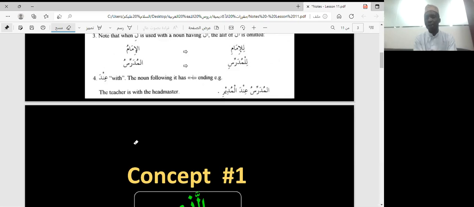So the fourth note here is inda, meaning with. The noun following inda has kasra ending it. We have al-mudarrisu inda al-mudiri. The teacher is with the headmaster.